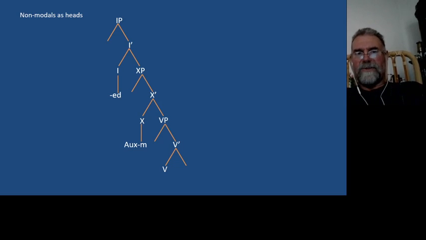Now, the big question that arises there is, what category is this element? We've put it down here as X to avoid that issue for the time being, but we're going to have to address the question, what category is this aspectual element? Well, we can approach this from what we already know.